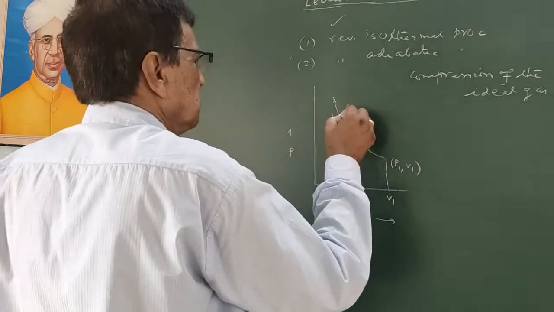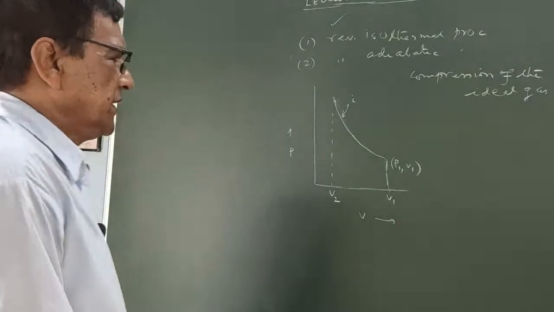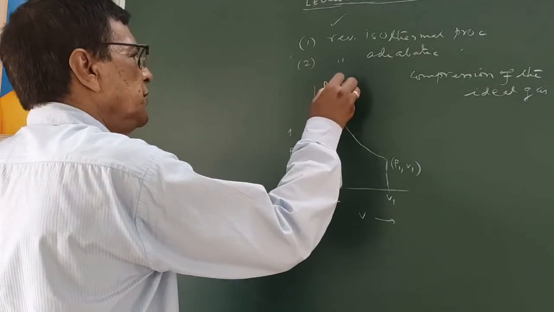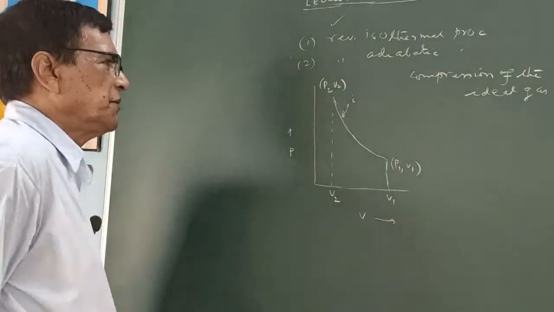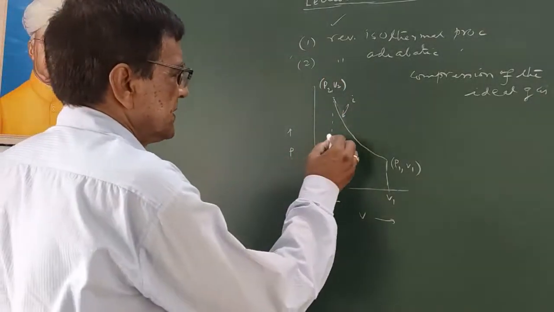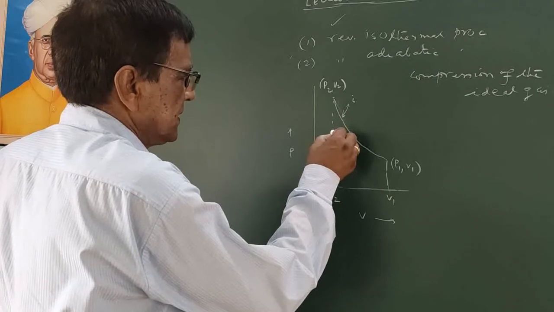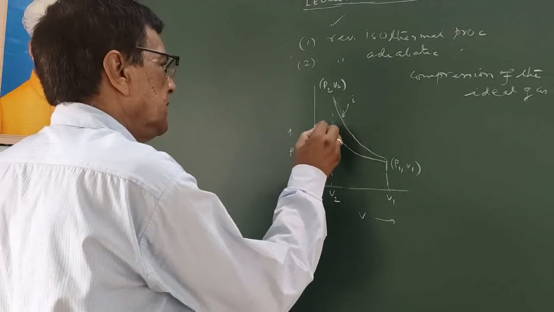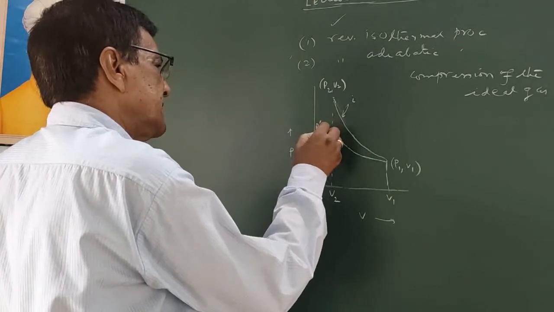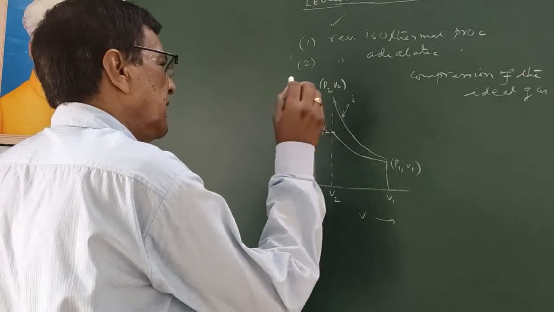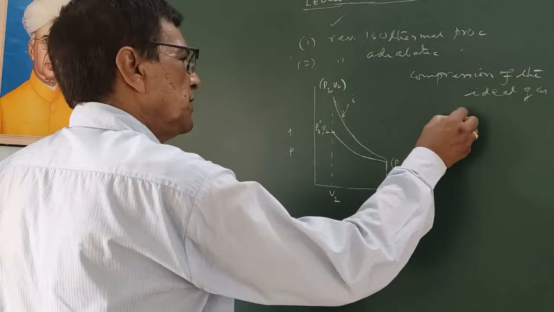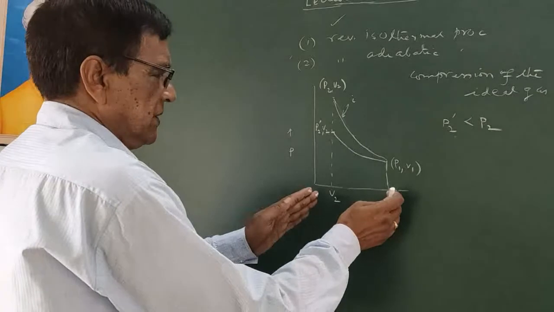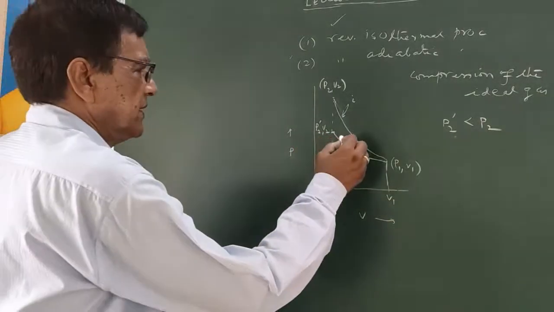This is the isothermal process, a rectangular hyperbola, and this is P2 and V2, the final pressure and volume. And for this adiabatic process, here P2 dash and V2, and we know this P2 dash is less than P2 for the same change of volume. This one is the adiabatic process.